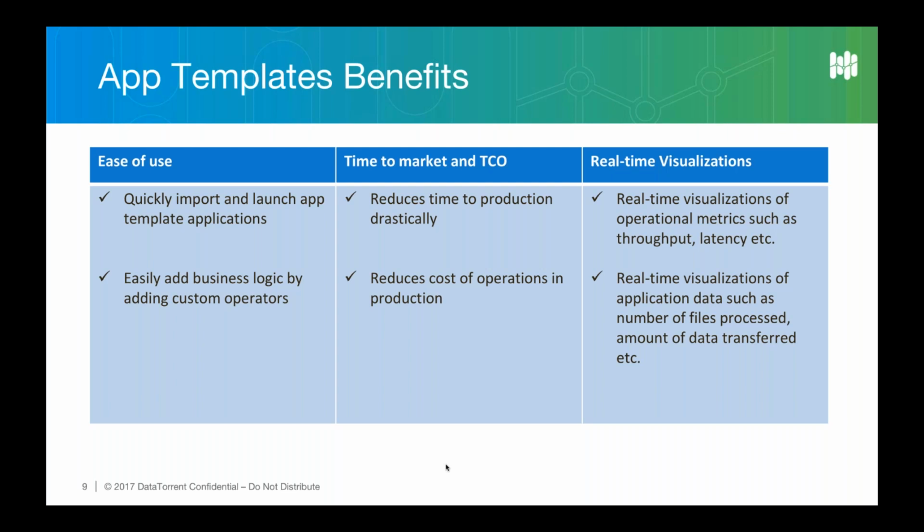The third aspect is during operations, we help the user visualize various operational metrics of their streaming application, such as the throughput, the latencies, and even some of the application-specific metrics, such as number of files processed or amount of data transferred, or any application KPIs that the user has defined in his application. So these are the benefits that one can obviously see in our app templates offering.